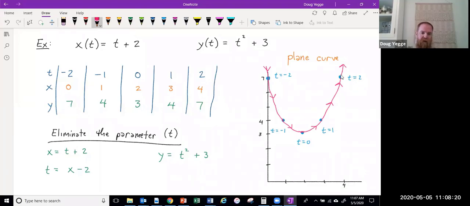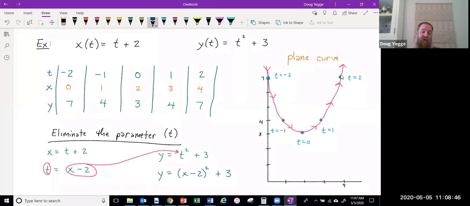But we know that t is actually x minus 2. So I can plug in that x minus 2 for t. And notice that I get that y is equal to (x minus 2) squared plus 3.